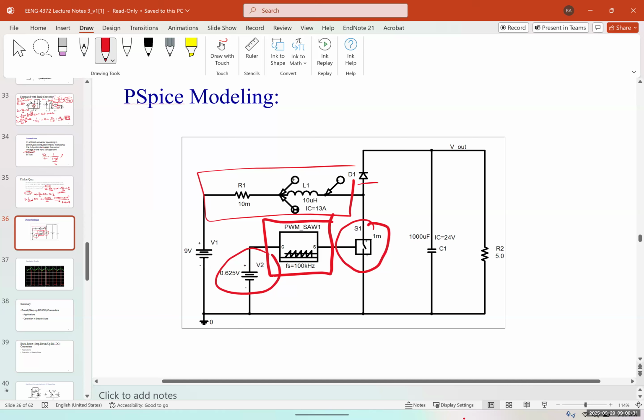We have our diode, and we have the capacitor in parallel with the load and also the switch and the diode. So if you want to model this using PSpice or any other modeling tool, you can use a switch, you can use a pulse width modulation signal, and you can change this frequency manually, and then you can have the voltage source connected to it.